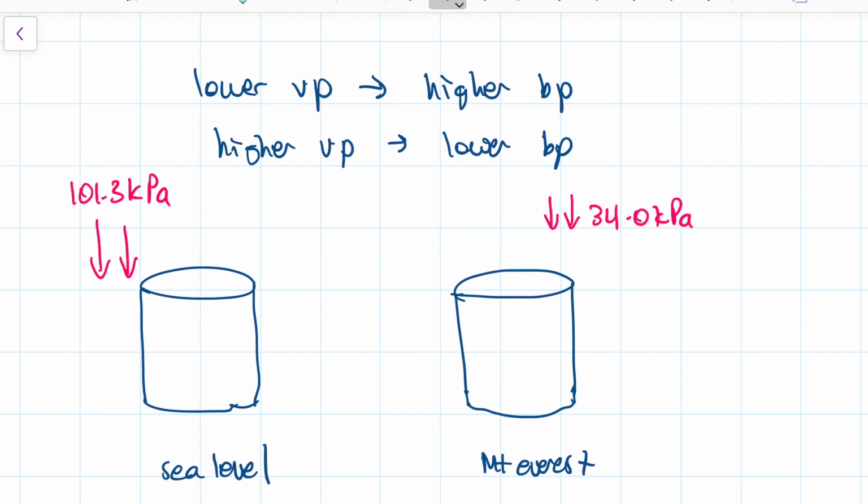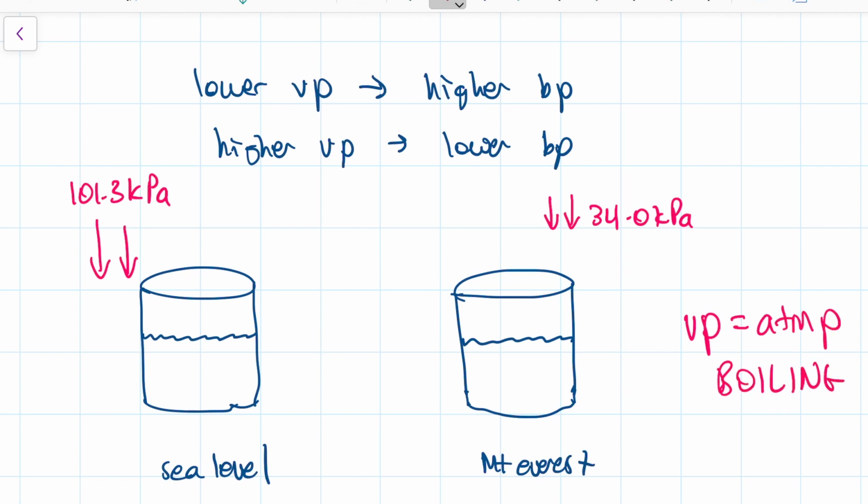Okay, so now I want you to boil your water. So I'm going to put some water in this one, put some water in this one. Now remember, what's the definition of boiling? The definition of boiling is when vapor pressure equals atmospheric pressure, we have boiling. Which one is going to boil first? The one at the lower atmospheric pressure or the one at the higher atmospheric pressure?